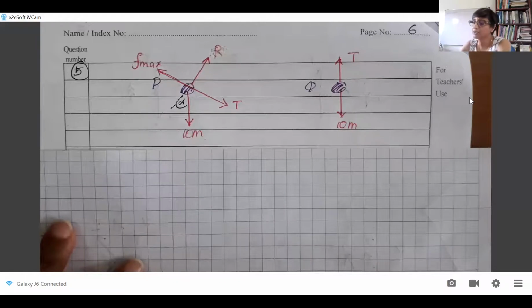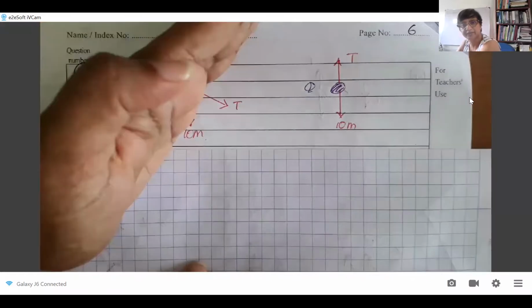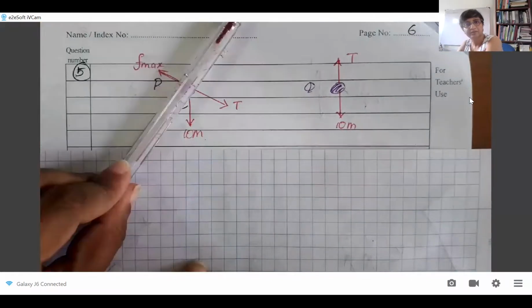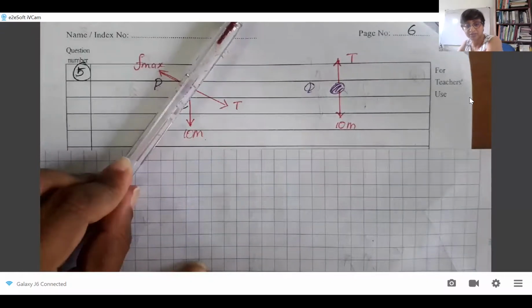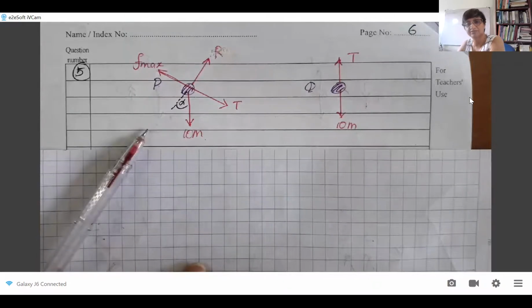Then you apply Newton's first and second law for particle P in the vertical direction. This way, forces are balanced. R is equal to 10m cos alpha.